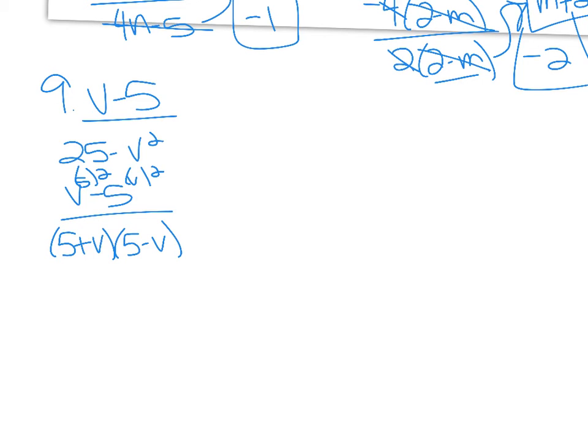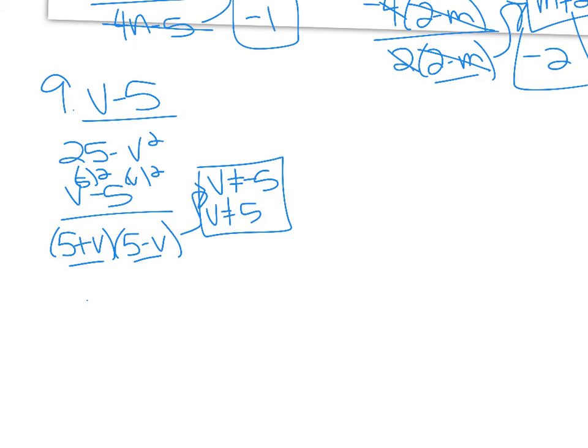Okay, if we go for our excluded values, if the first factor was 0, v would be negative 5, so v cannot equal negative 5. If my second factor was 0, v would have to be 5, so v cannot equal 5 either. Now when we go to cancel out our common factors, these two factors look like they match almost, but not exactly, so we're going to do some math magic.